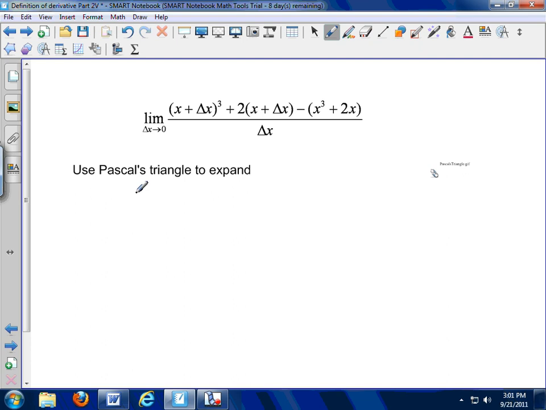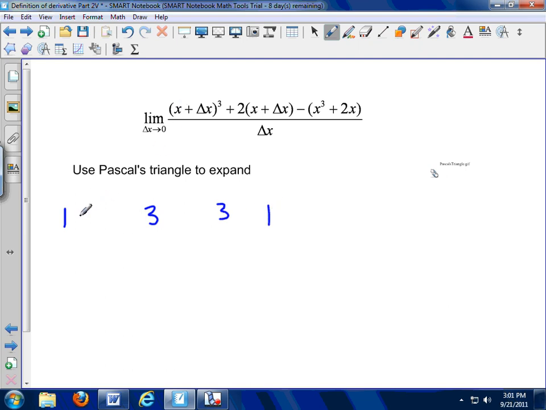I think you have this all on one page, so feel free to not keep writing this stuff over. We've got to expand out x plus delta x cubed, and we're going to use Pascal's triangle. Remember Pascal's triangle? We've talked about it recently, and again, that was that foreshadowing thing. Third row, we're going to use 1, 3, 3, 1.